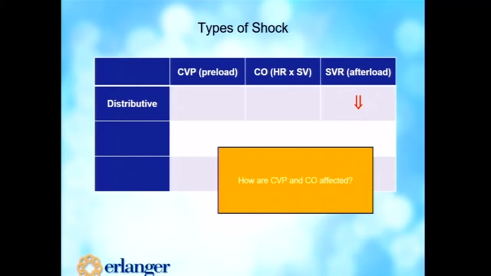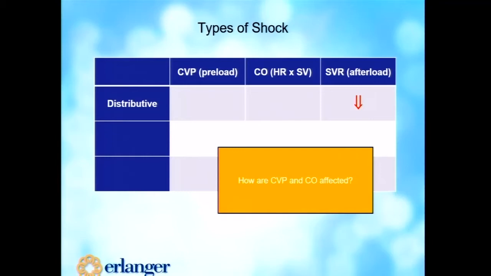So next question, how are CVP and cardiac output affected in distributive or septic shock? So let's start first with CVP. You have your patient that's likely hypotensive. What's the first thing that you would give them? Okay, so how do you think their CVP is before you give them the fluids?